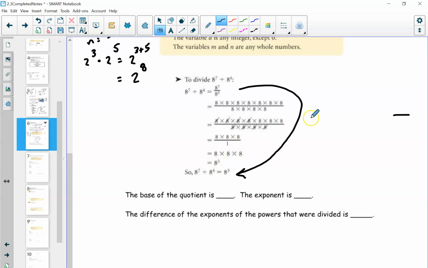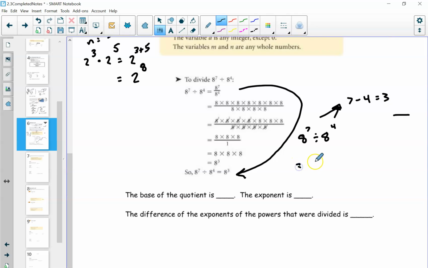You'll get the right answer. But if we know that the law regarding division is subtract the powers, we can go 8 to the power of 7, divide by 8 to the power of 4, we could just take these two, because the 8's the same, and we can just do 7 minus 4 equals 3.